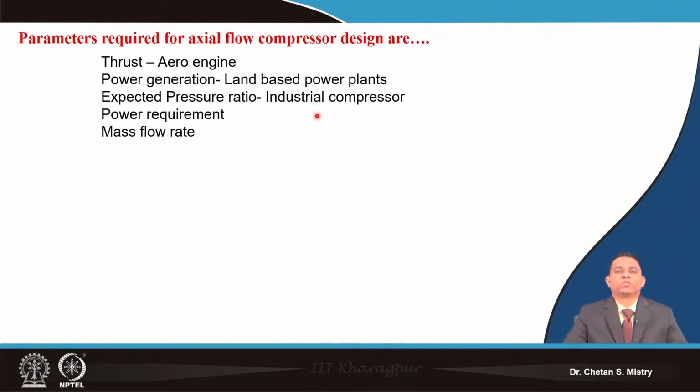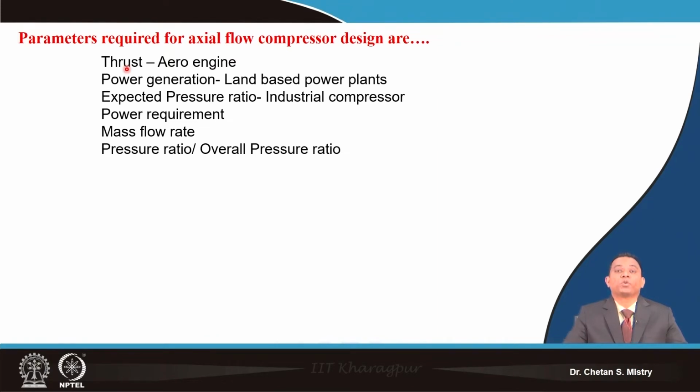The next parameter that comes into the picture is mass flow rate. If I am talking about thrust, we define thrust as mass flow rate times exit velocity, so the mass flow rate going through my engine is very important. The next parameter is the overall pressure ratio or per stage pressure ratio.